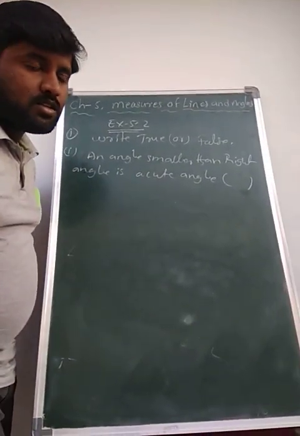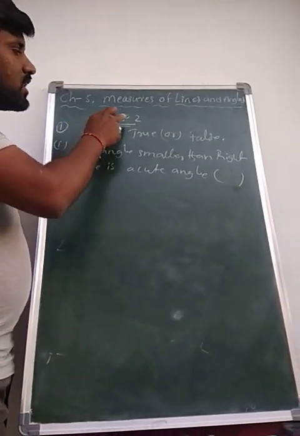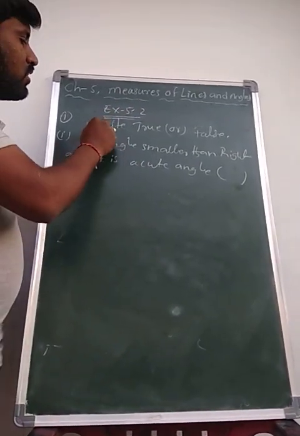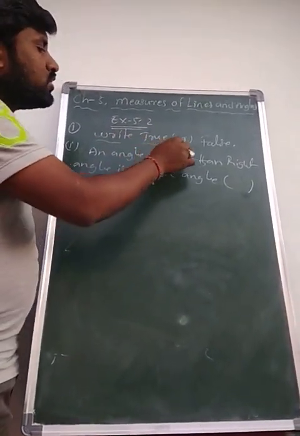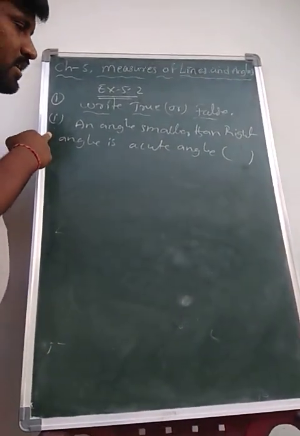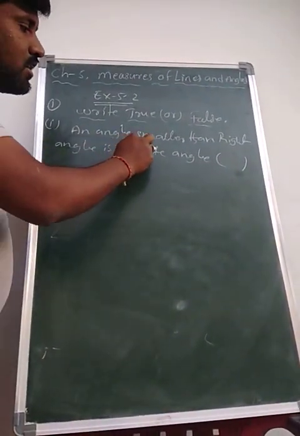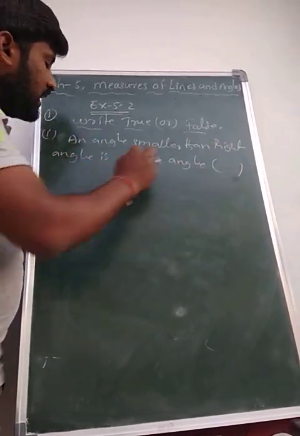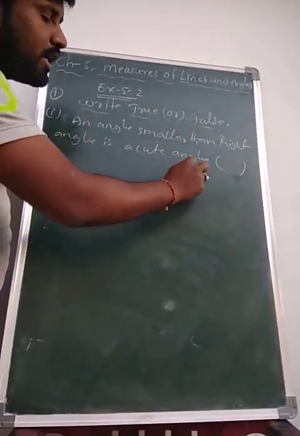Okay students, next one, exercise 5.2. First question, write true or false. The given statement is: an angle smaller than a right angle is an acute angle.